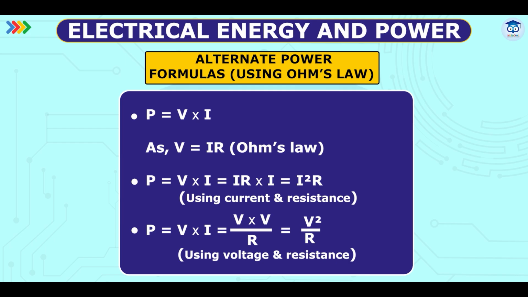Alternatively, expressing current as V divided by R and substituting into the formula gives P = V²/R. It is useful when voltage and resistance are known. These different forms of the power formula allow us to calculate power depending on the known quantities in a circuit.